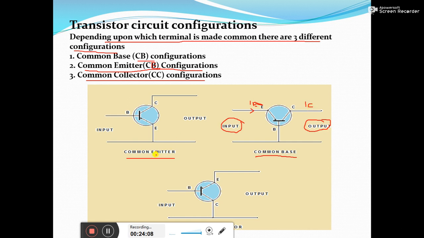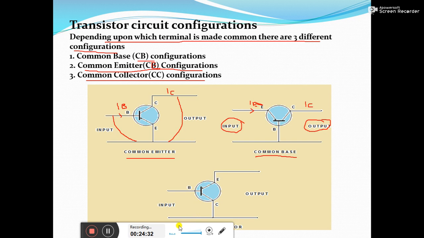Similarly, with respect to common emitter, the input voltage is applied between the base and emitter, that is VBE, and the output voltage is taken between the collector and emitter, that is VCE, and the input current will be IB. Input current is IB, and the output current here also will be IC only.